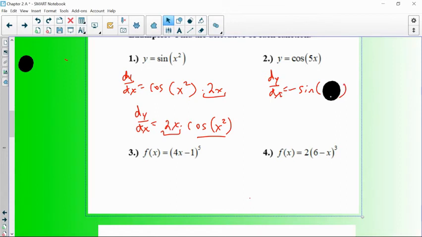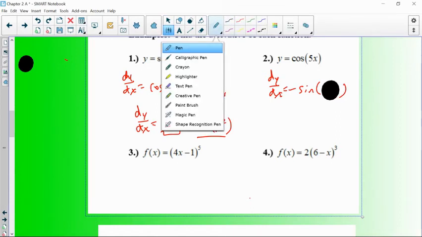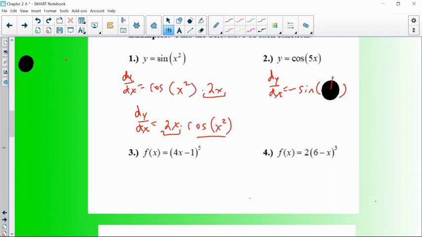This goes there. So it's 5x. Cannot change the identity. But then immediately after, you multiply by the derivative of 5x, which is 5. And you might pull that in front. So dy dx is equal to negative 5 sine of 5x.